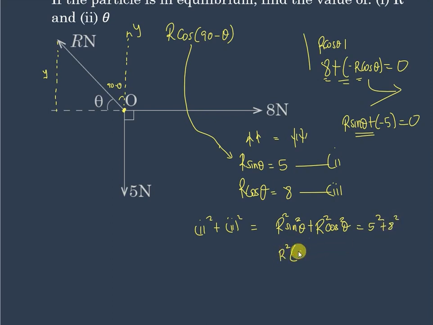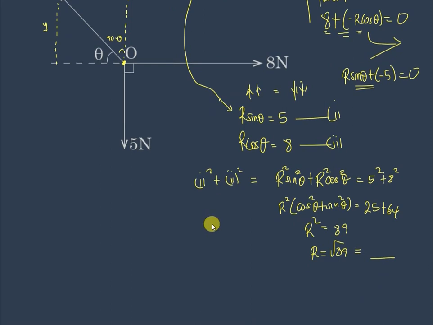You see that this is r squared times cos squared theta plus sin squared theta, which is 1 from trigonometry, equal to 25 plus 64. So r squared is equal to 89, and r is equal to the square root of 89. You can get that from the calculator.